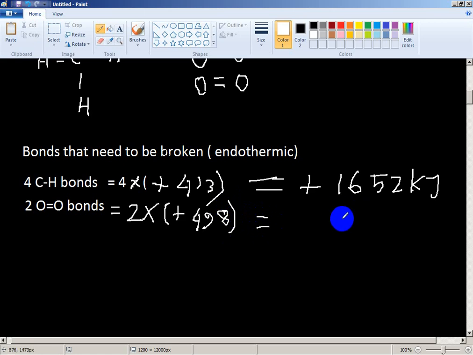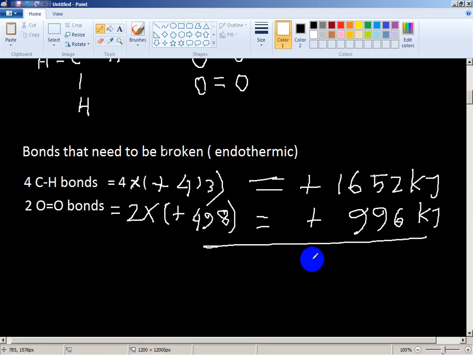Have you calculated? 996 kilojoules. So now calculate the total bond energy. What is the total?